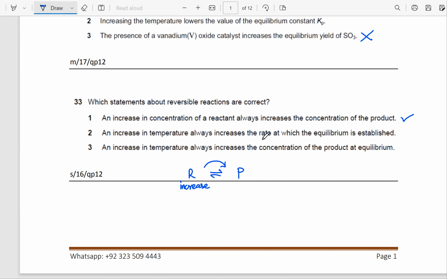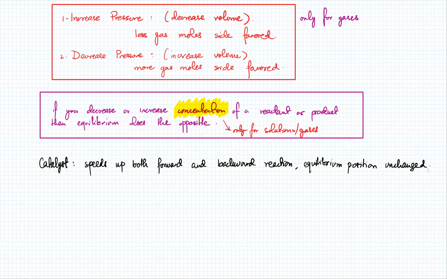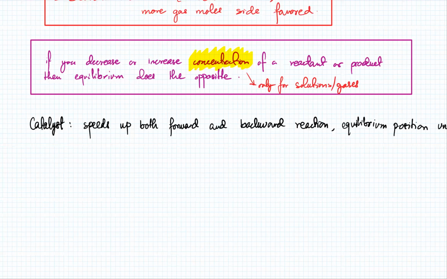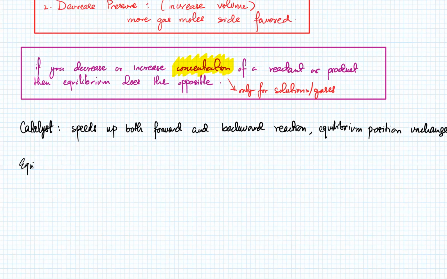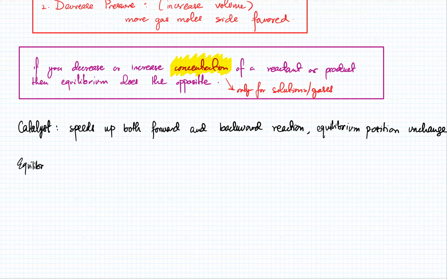Next: an increase in temperature always increases the rate at which the equilibrium is established. Remember one thing: whenever you talk about equilibrium, make sure you don't confuse it with rate. Always remember that equilibrium and rate are separate.